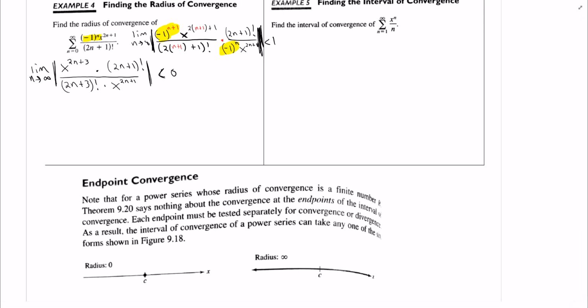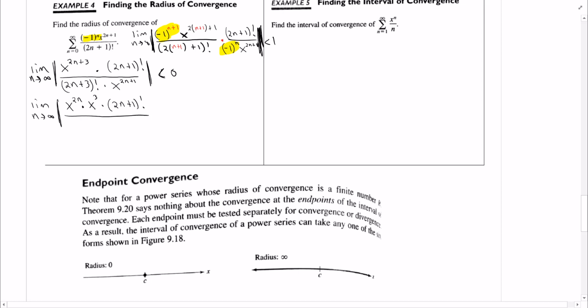And we've got to use some of these tricks of exponents. All right, let's do it this way. Let's do limit as n goes to infinity. I think it'll work just to break it up like this. x to the 2n times x to the 3. We can leave this as (2n plus 1) factorial.